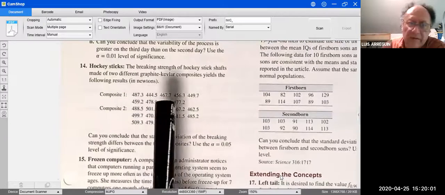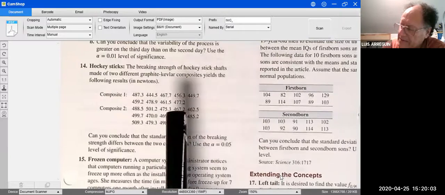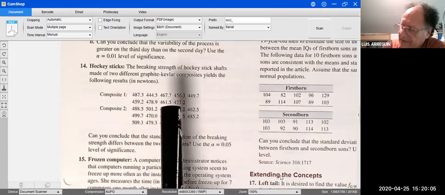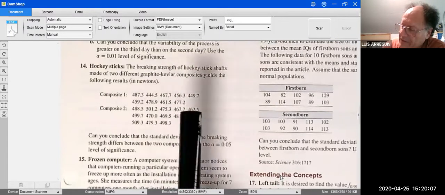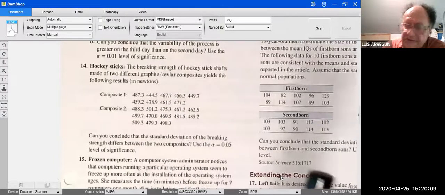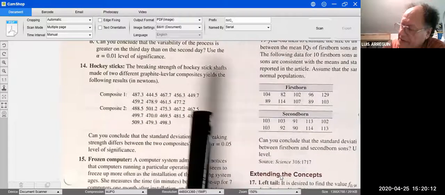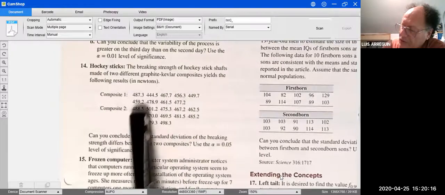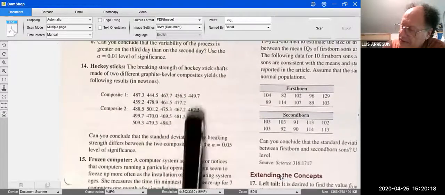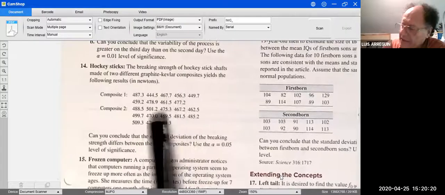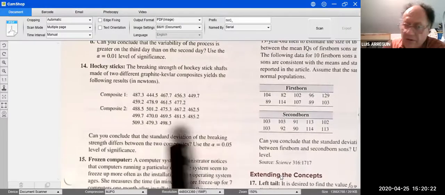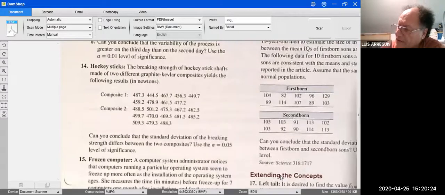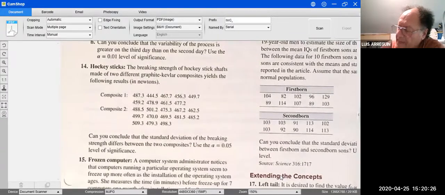Var is going to give you the variance, but it's irrelevant whether you use standard deviation or variance, as long as you use the variance in the computation of F. Then composite 2, you have to enter this as another data set, and then you compute the variance, and then you proceed with getting your F, your p-value, your critical values, and make your decision.